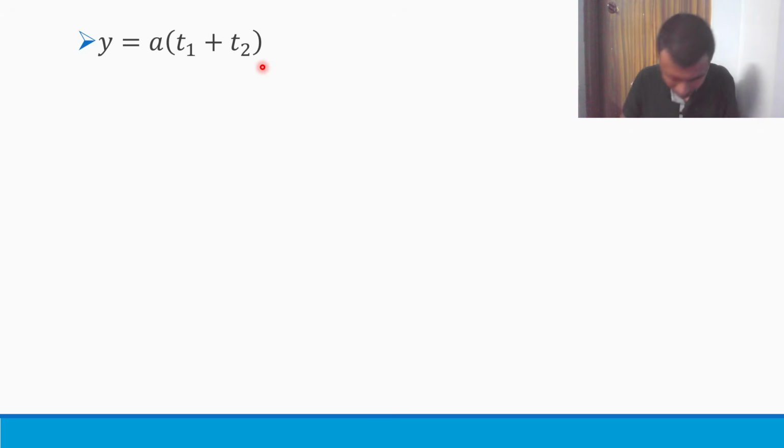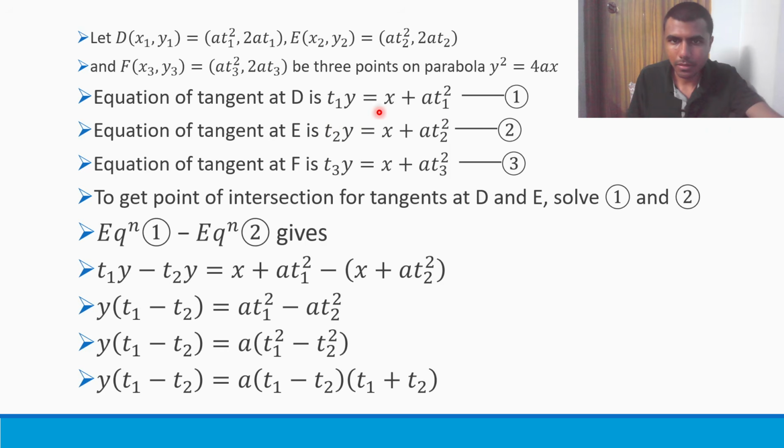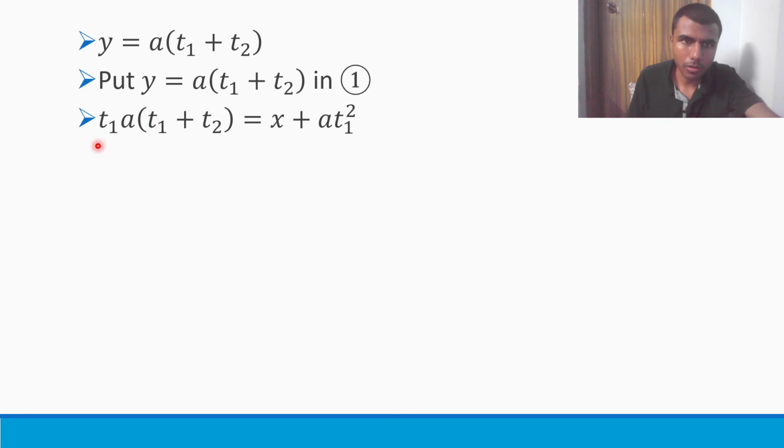Now I need to get the x coordinate also. How to get it? I got y, right? So just put y is equal to a into t1 plus t2 in equation 1, so that I could get x. Our equation 1 is this. See, in that y is a into t1 plus t2. So a into t1 plus t2 is equal to x plus at1 square. I want to find x.